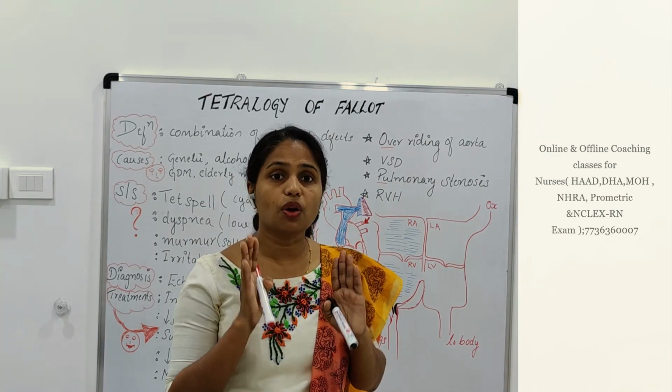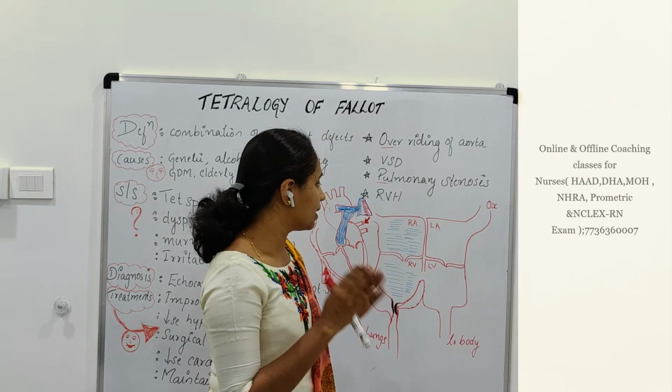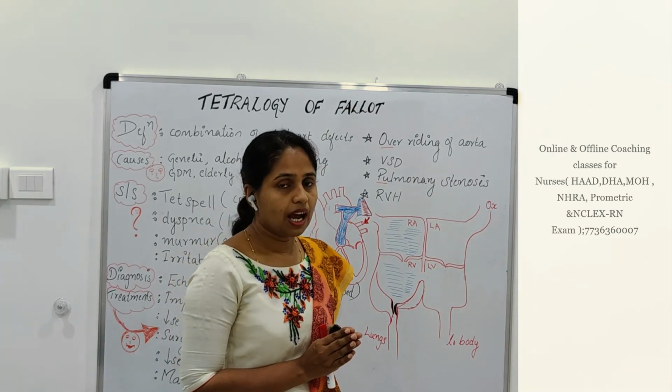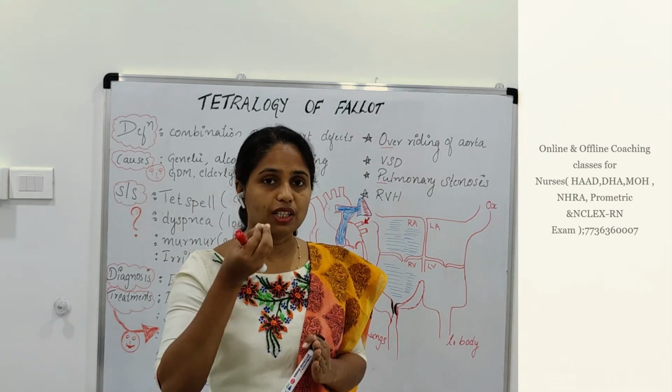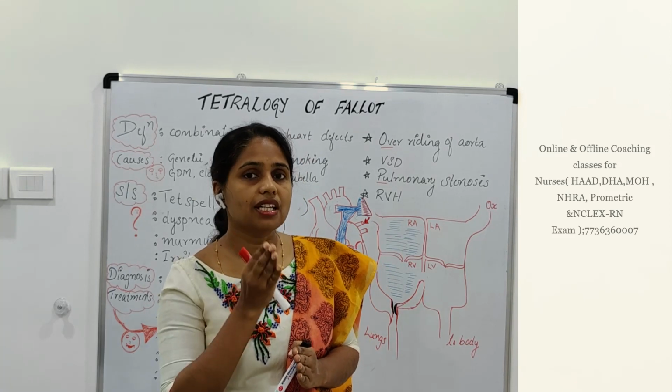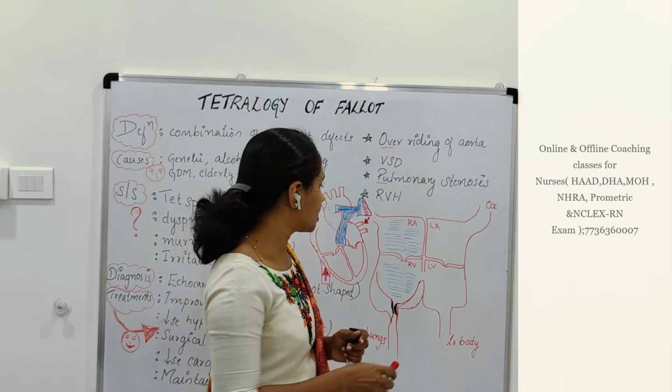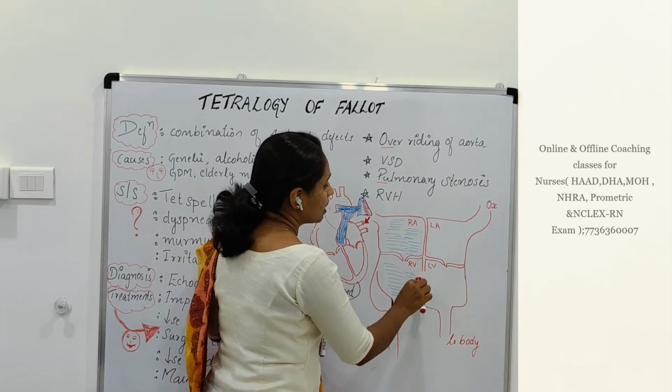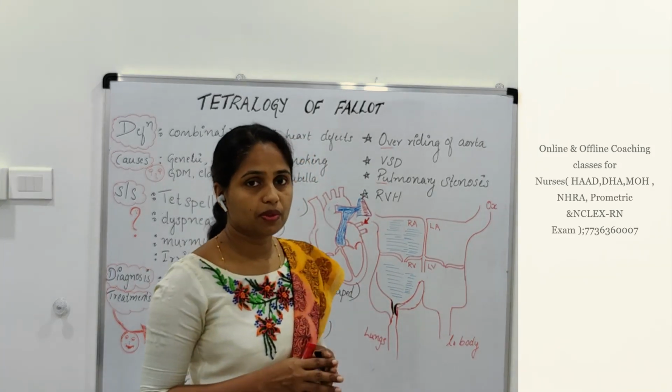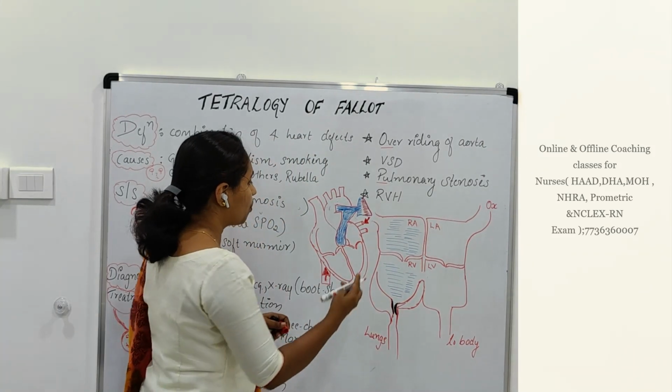So that is the normal position. But here, instead of originating from the left ventricle, the aorta slightly deviates and originates from the ventricular septum.